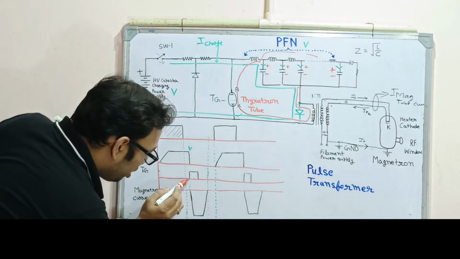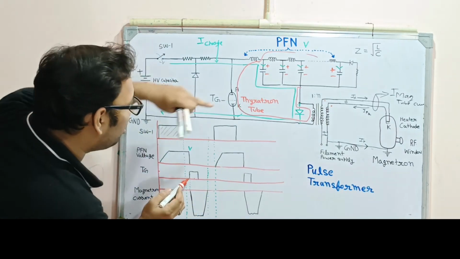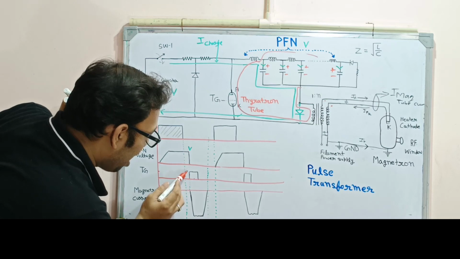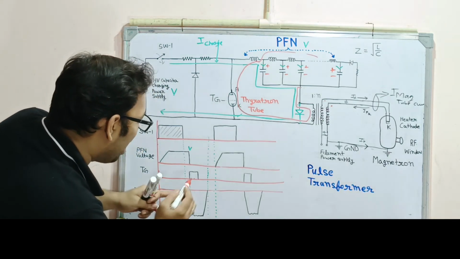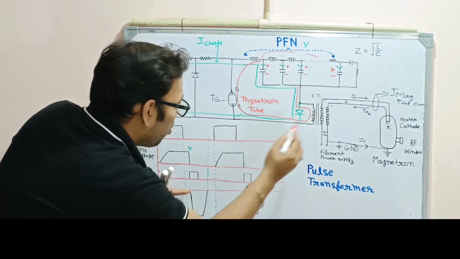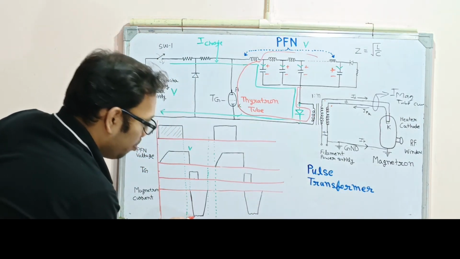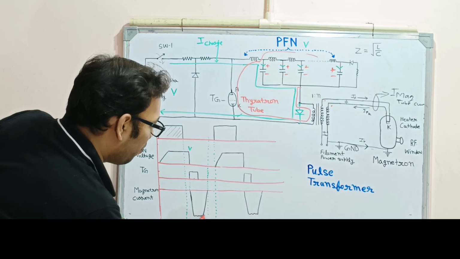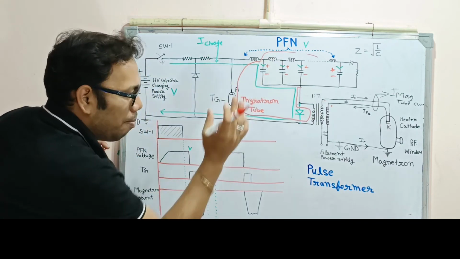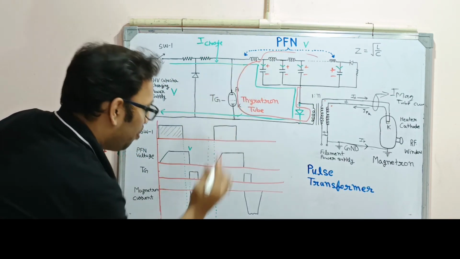So here, when the thyratron is triggered high, current starts flowing through the primary and the secondary voltage starts building, for the time period designed by the PFN network.